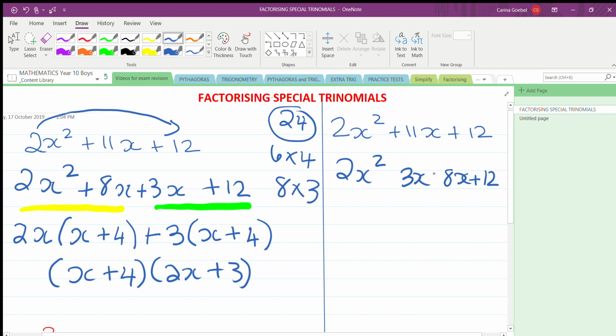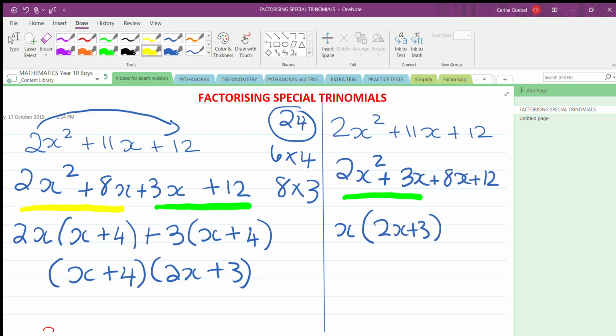Just to come back here, you had put 8 and then 3. So here I've put 3 and then 8, just so you see what happens. So we've got to have plus 3 plus 8 to make plus 11. We factorize the first two terms by taking out a common factor. They both have an x in common, which means you've got left 2x plus 3.